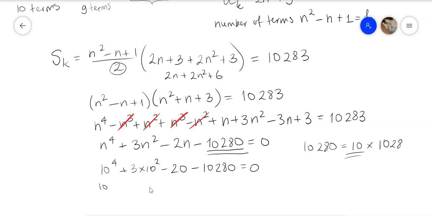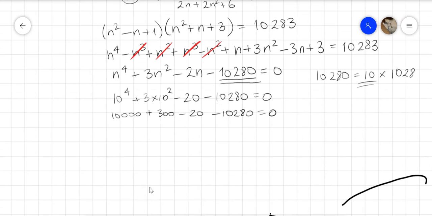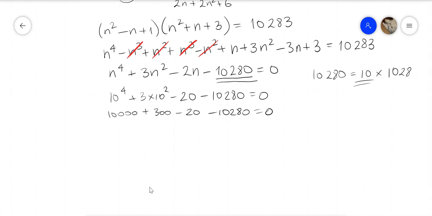So here we have 10,000 plus 300 minus 20 minus 10,280 equals 0. Okay, so that's 10,300 minus 20, which is exactly 10,280.